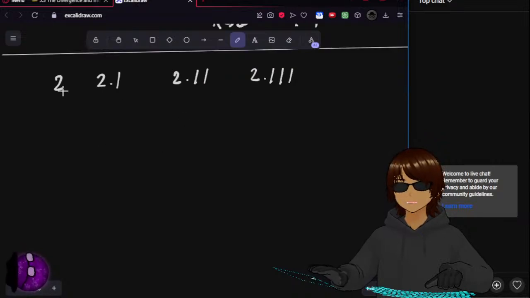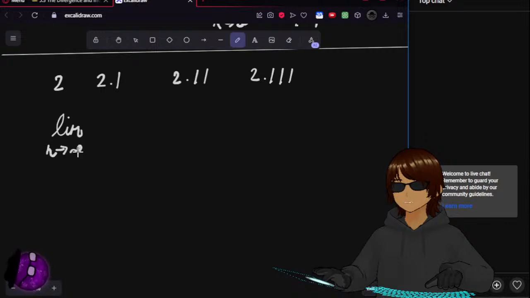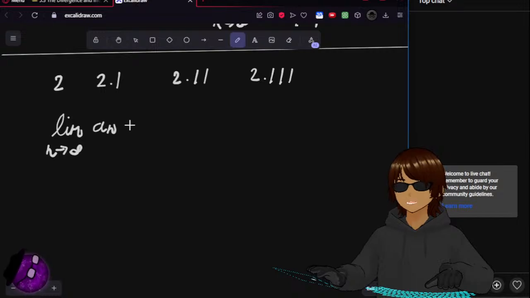If we take the limit to infinity, an is a particular term. This is a0, this is a1, this is a2.